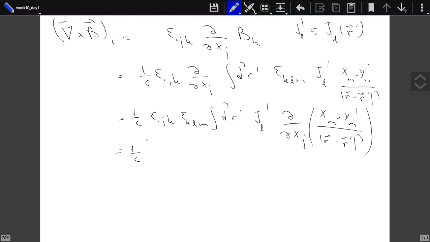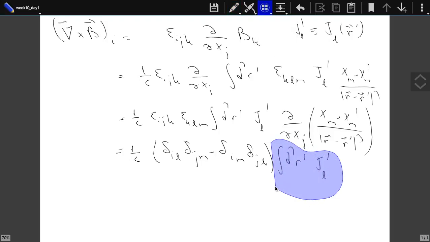Now, let's just open up this product of two epsilons. That will be Kronecker delta i l, delta j m, minus delta i m, delta j l, d cubed R prime J l prime. Now your proposal here is to take this derivative, straightforward. Okay, let's take that derivative.